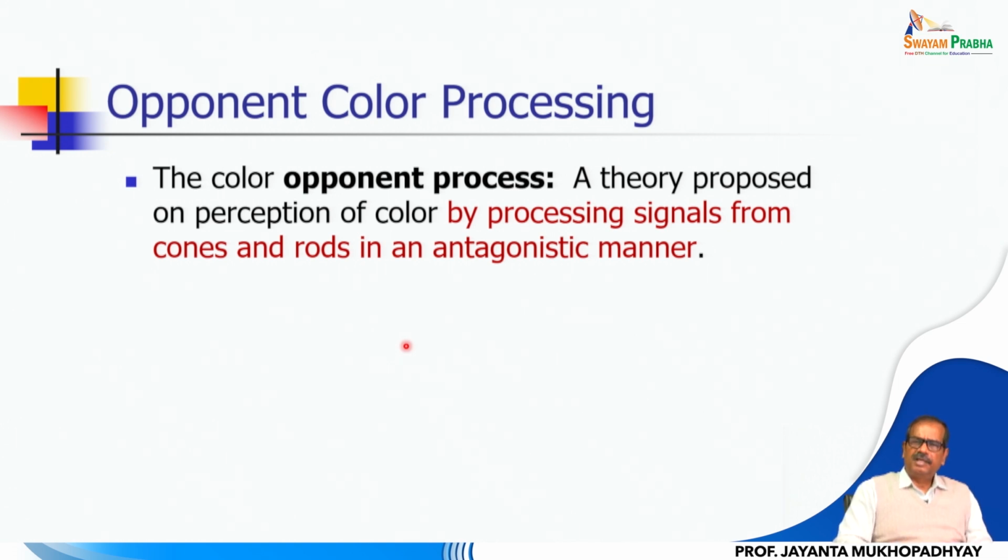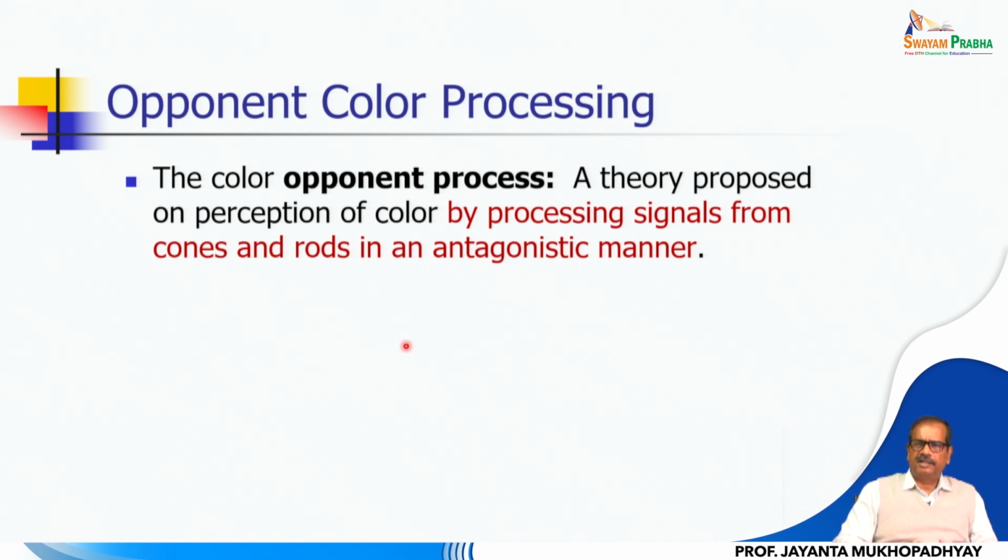Now about the color spaces, this is another interesting representation of color, where there is a hypothesis behind this kind of representation. It is called the opponent color theory, or opponent color processing.